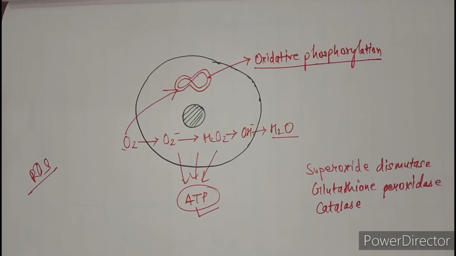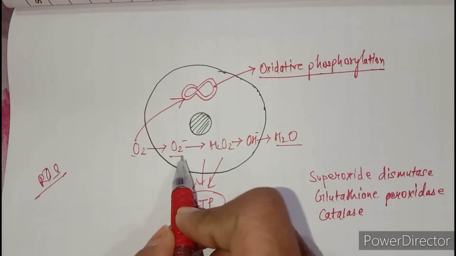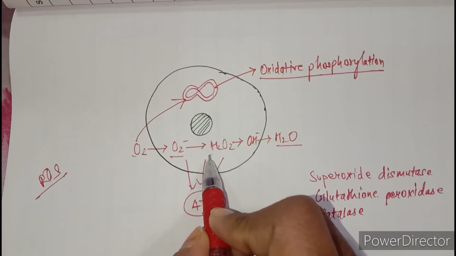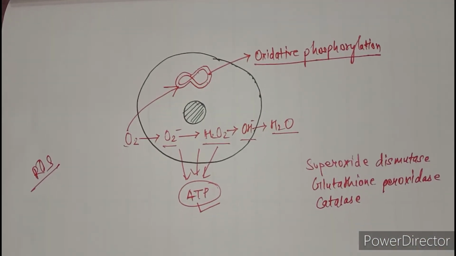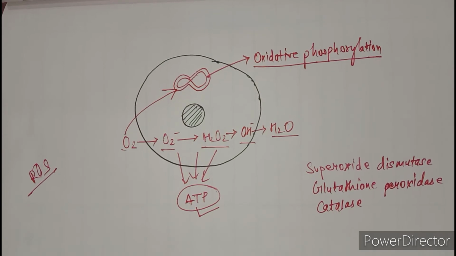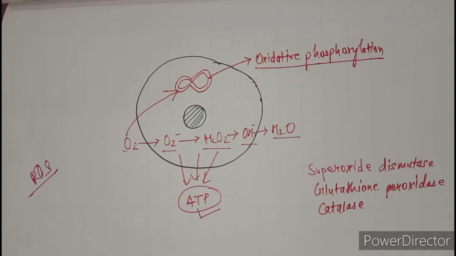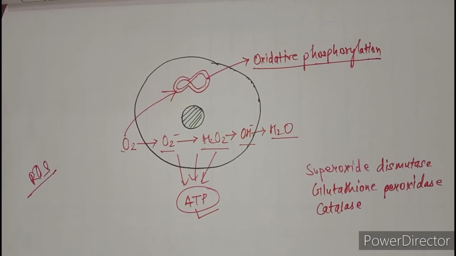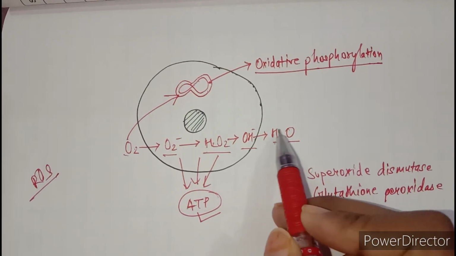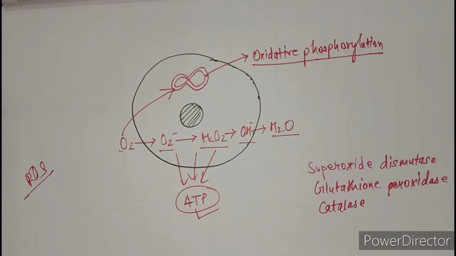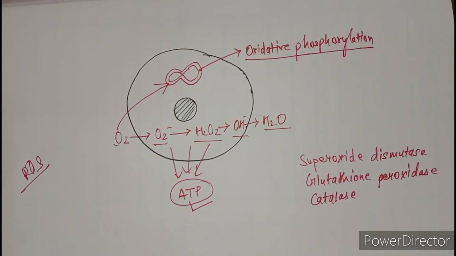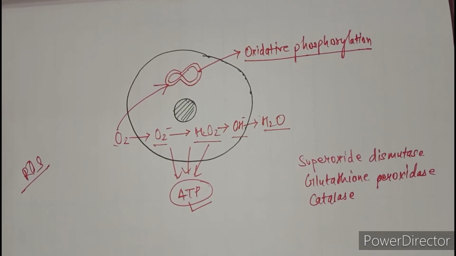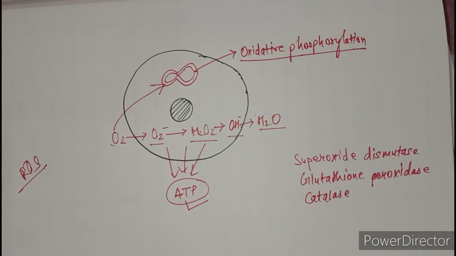Those are superoxide ion, hydrogen peroxide and hydroxyl ion. And ultimately it gets converted into water. Now the question arises, since these intermediates are formed in all our cells, then why are they not damaging the cells?